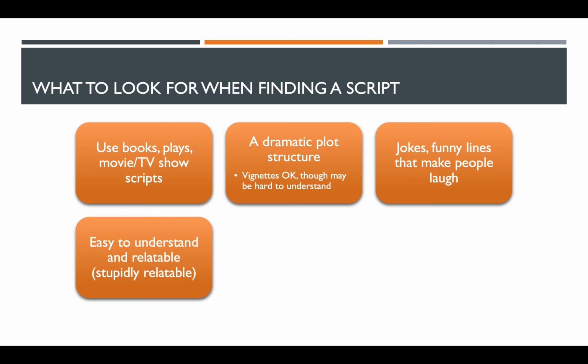You want to make it the case that that plot and those characters are almost stupidly easy to understand, that anyone, including an Indian dad who is falling asleep at 8:00 in the morning, can understand, right? You want something that is simple, that is relatable, and that is just easy to understand for anyone of any age group and any ethnicity.